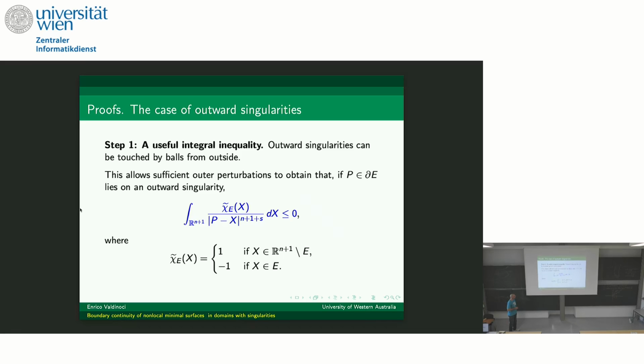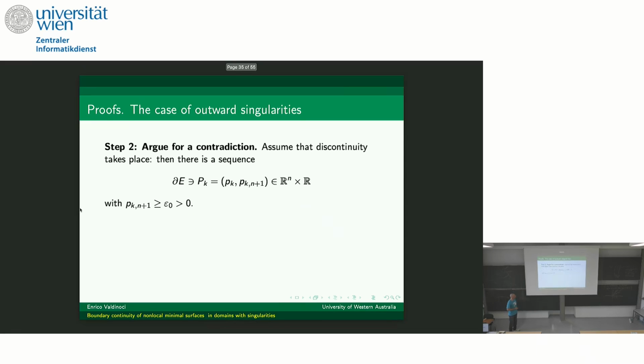So this is the first step, reducing the Euler-Lagrange equation to a boundary inequality in a limit sense. And then we argue by contradiction. Suppose that you have a discontinuity, then you have a sequence of points that I call pk, with the last component remaining, for instance, bounded away from zero, from the positive side.